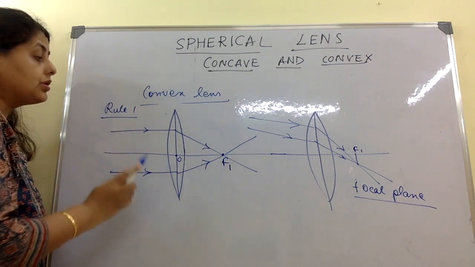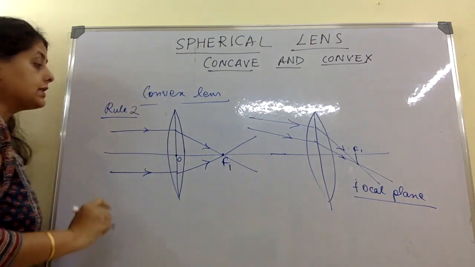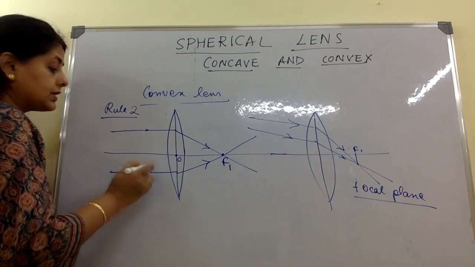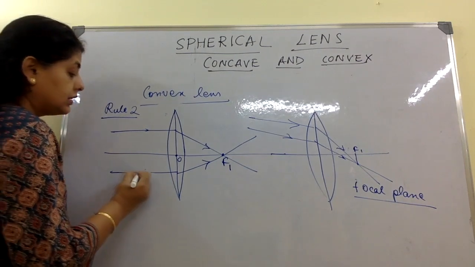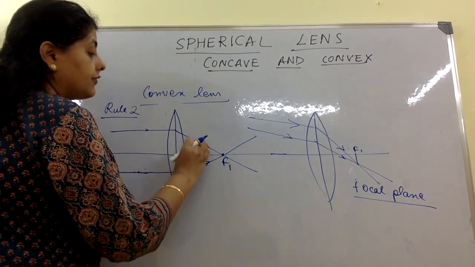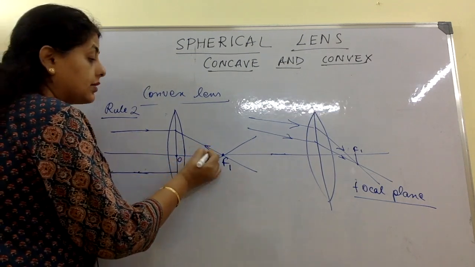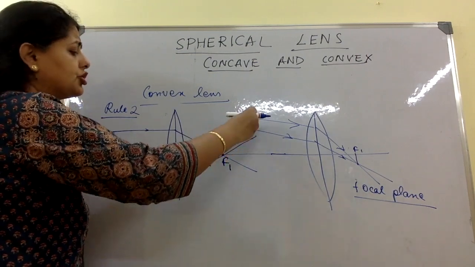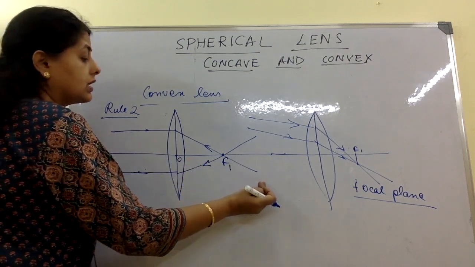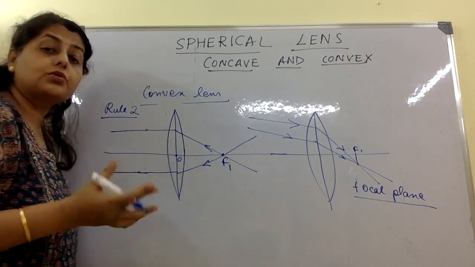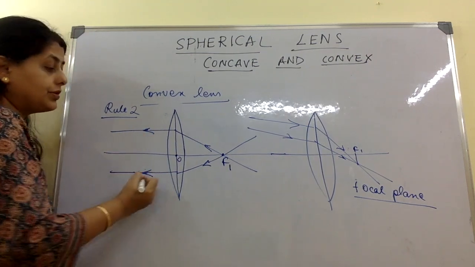Okay, let's talk about the other rule, which is rule 2. Rule 2 for convex lens is if two rays, okay, I'll change this diagram only, if two rays are coming through the focus, that is they are coming like this, somewhere you are holding a torch here maybe, so one ray is coming through the focus, another ray is also passing through the focus, then it will go parallel to the principal axis.